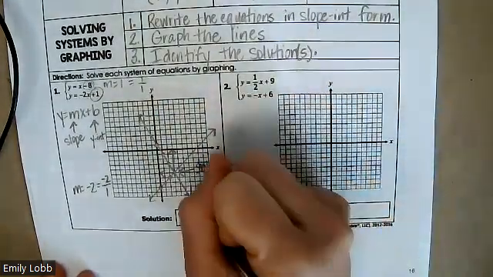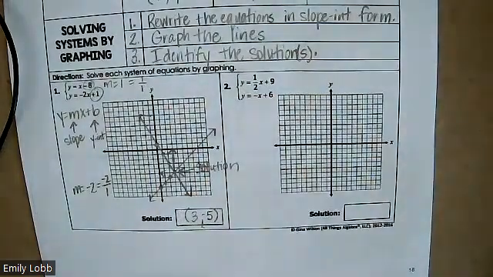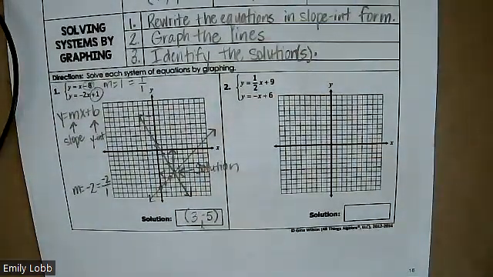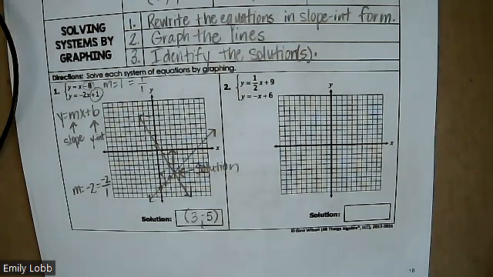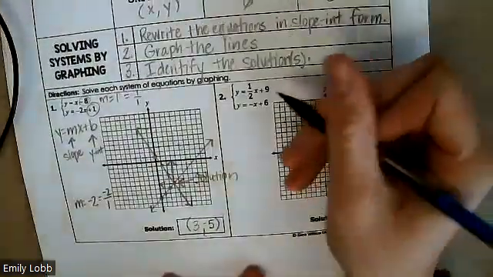So -5. So that's how we're going to show our solutions. You have to understand ordered pairs, right? You've got to know how to graph from slope-intercept form, and eventually you may have to rearrange, but we've been practicing all those things. All right, let's start graphing these two lines.